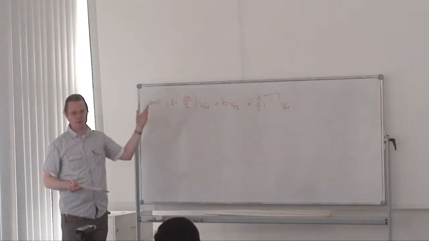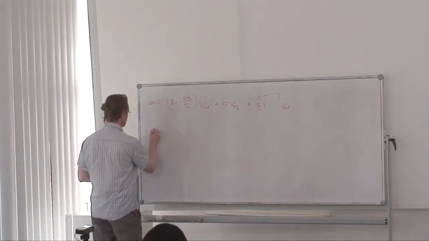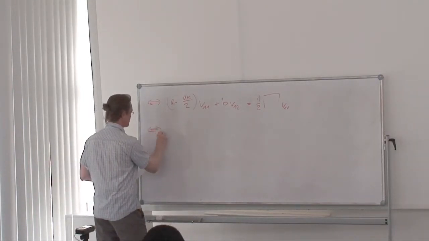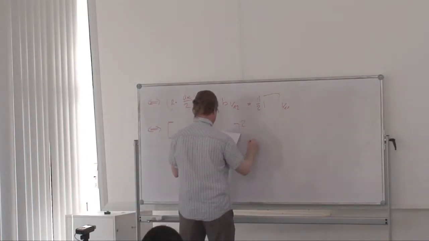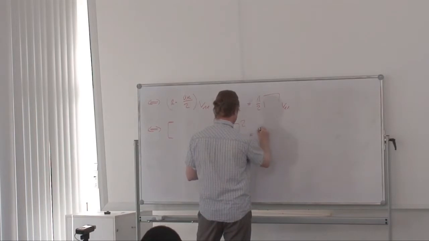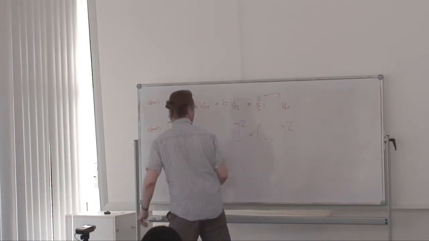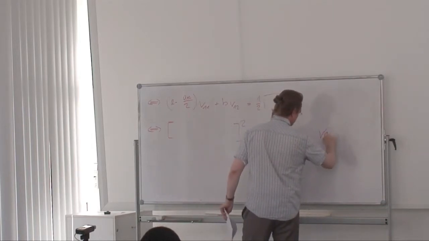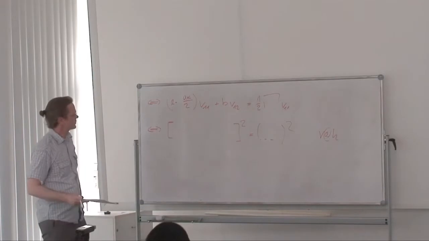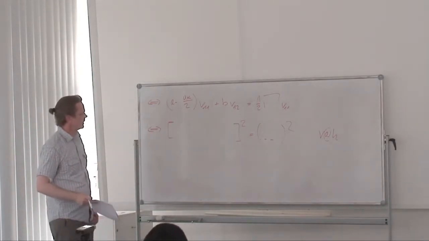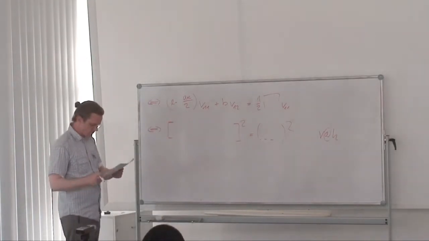We square both sides of the equation. This squared is the same as something here squared. You verify that at home. So I have now squared both sides. You can do that at home.